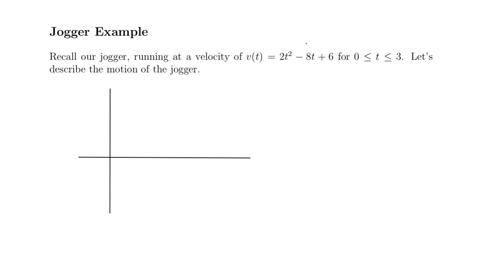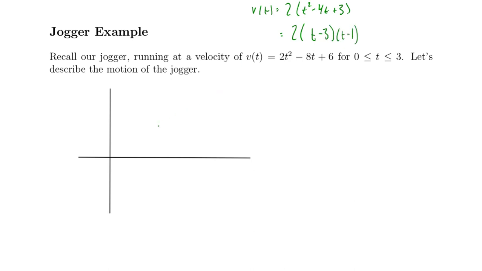To do this, I'm going to change our velocity function a little bit. I'm going to say this is a parabola. I know that's what the graph of this looks like, but first I want to factor it as best I can. That's supposed to be a 4. There we go. And then I can factor this a little bit, and I'll notice, hey, this factors into 2 times t minus 3 times t minus 1.